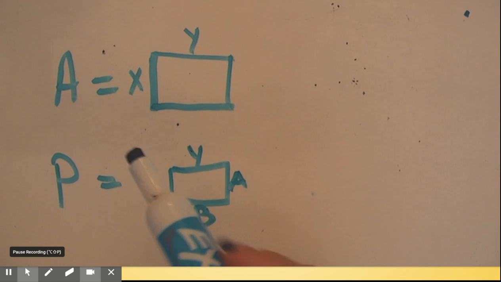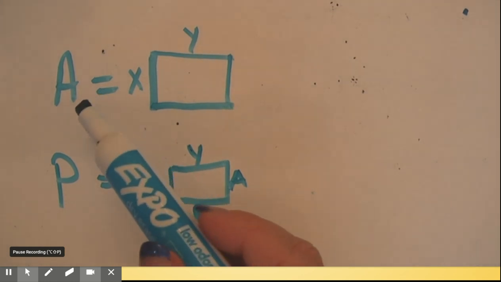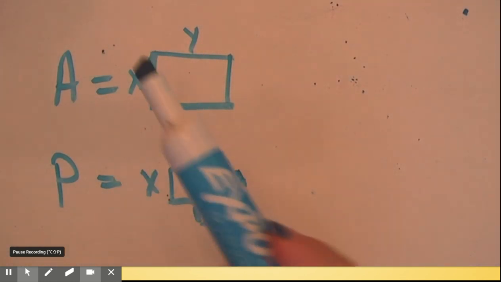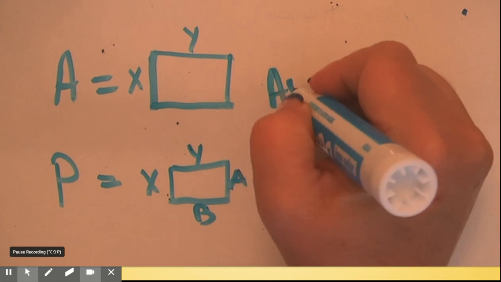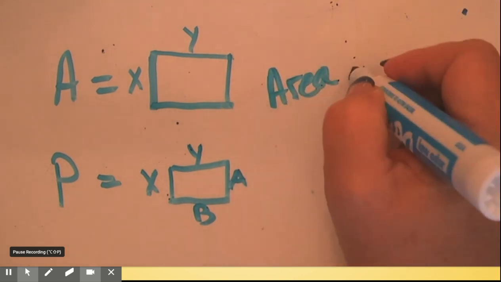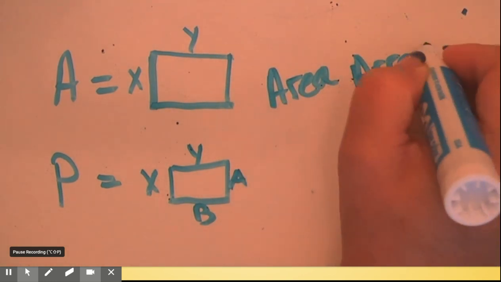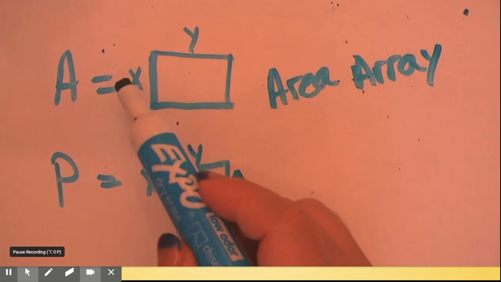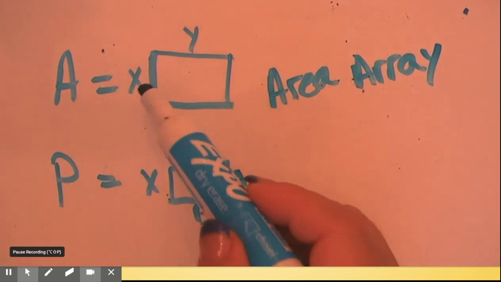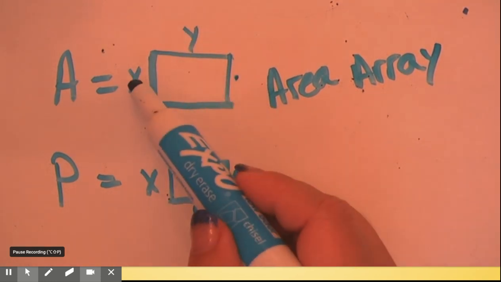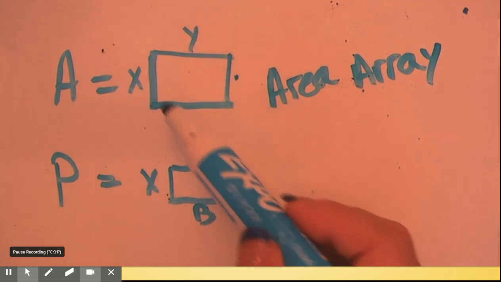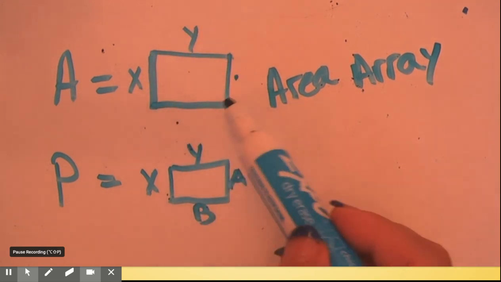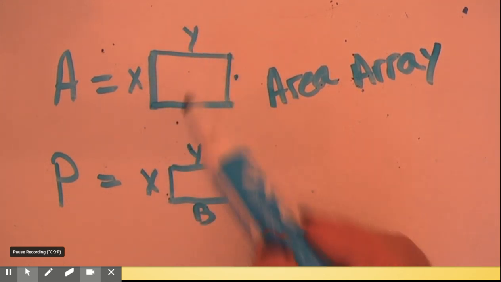All right, friends, what I want you to take away from this lesson is the difference between area and perimeter. Area is also known as an array. And an array is this times this. Sometimes it might give you this side instead of that side. As long as it is a rectangle or a square, the opposites will match.